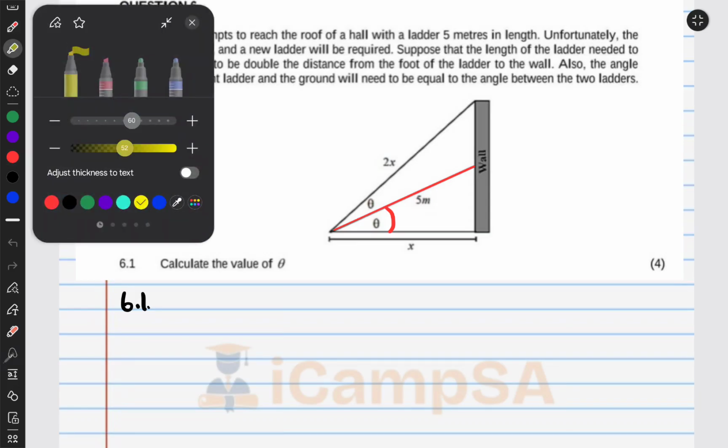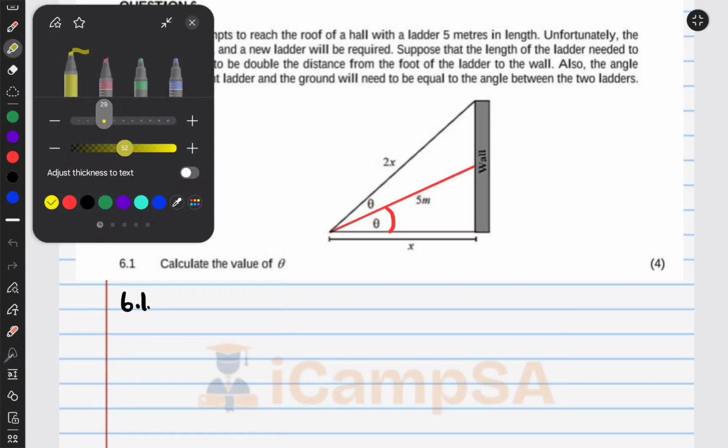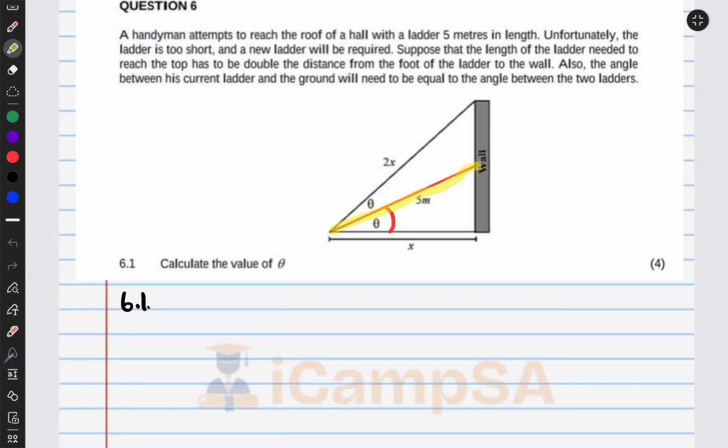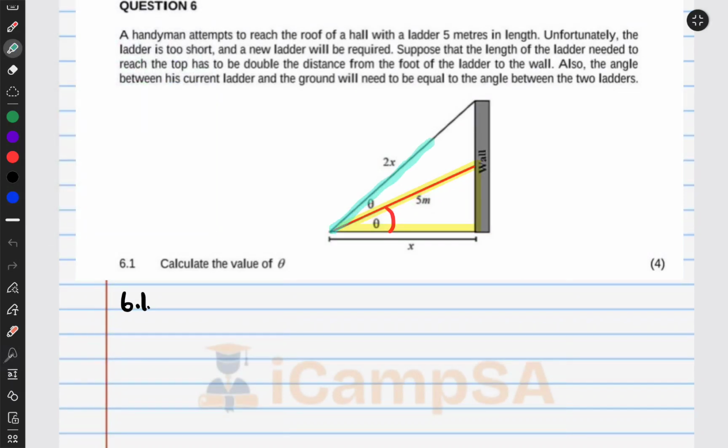So we have two triangles here that we can work with. This one is the first one, the most obvious one. Okay, and then the other one is the one for 2 theta.